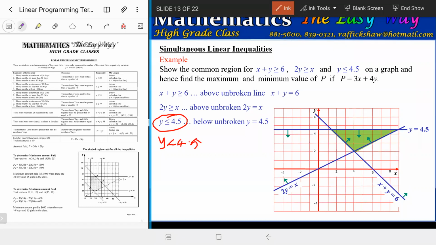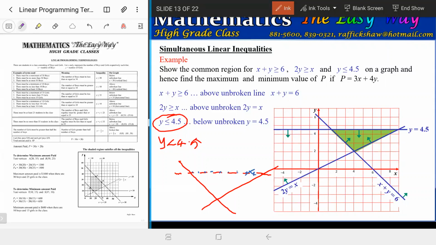Now that horizontal line, you would have to draw it broken. You still have this line solid down here, and that line solid up here. Those were your three lines. If it was y less than 4.5, that would mean you could not use points on that line.